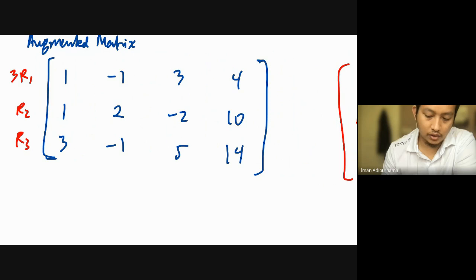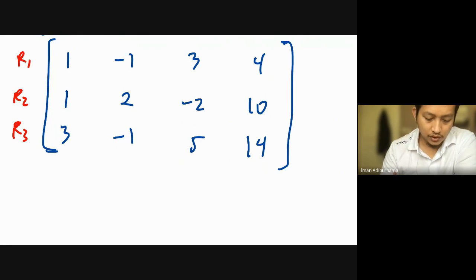We can add rows, we can subtract rows from each other, and we can multiply with a constant. For example, in our case, we see this 1 and 1 here are the same constant, right? So let's try to subtract these two.